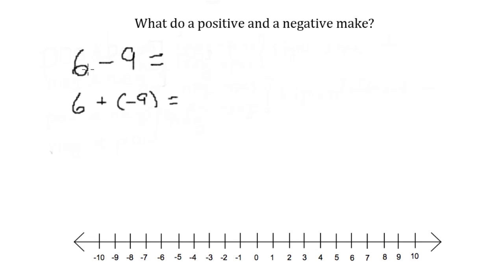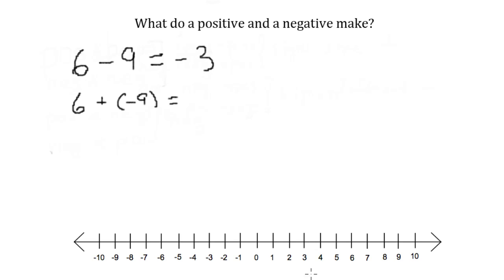Let's look at 6 and 9. Well, which one's bigger? The 9 is bigger, and also the 9 happens to be negative. So because the bigger number is negative, that means our answer is going to be negative. So 6 minus 9, as it turns out, is negative 3.